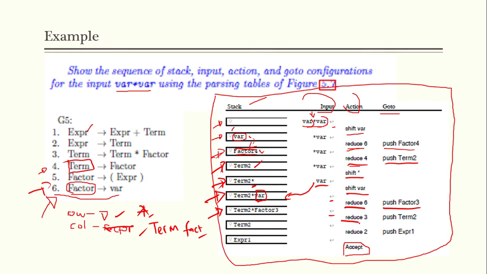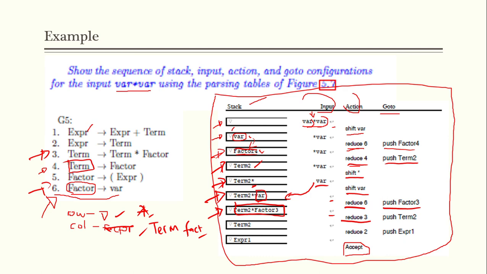Reduce 3 means you need to do a go to. It refers to rule number 3, which says that term goes to term times factor.